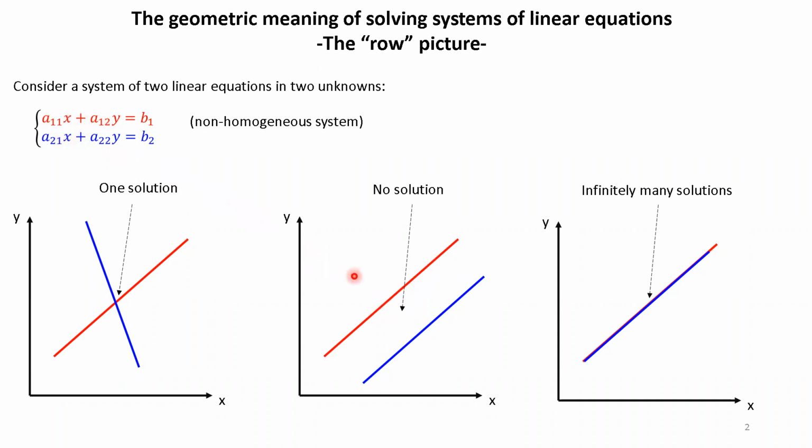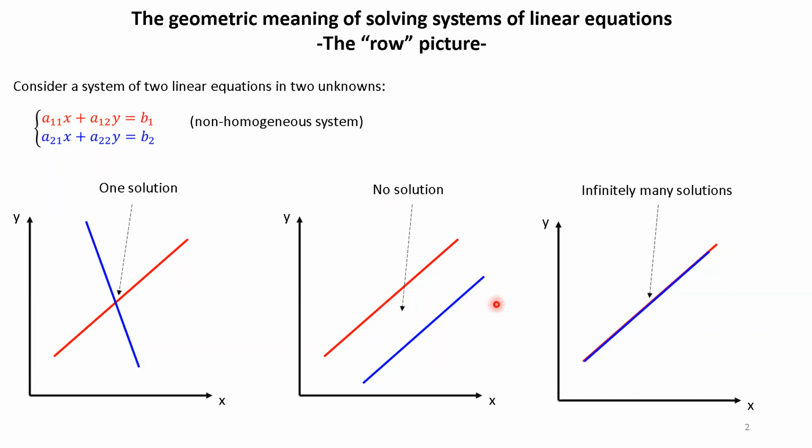In this case, they happen to be parallel to each other. If they are parallel but shifted over by a distance, then you have two parallel lines that will never touch each other. So in this case, you have no solution because you can never find any intersection point.